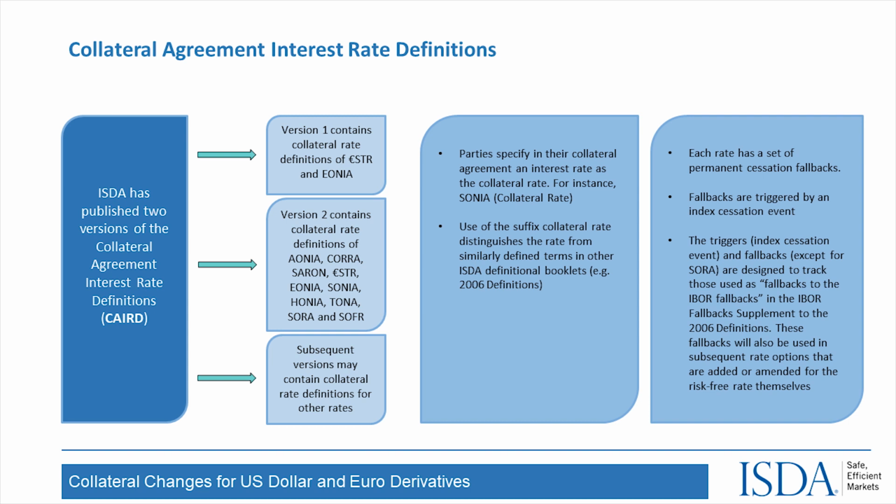So each of these rates, which are all overnight rates, are already in the IBOR fallback supplement as fallbacks to the IBOR fallbacks, with the exception of SORA. And so they already have fallbacks in the waterfall of fallbacks in that fallback supplement. So the CARDs track all of those fallbacks to make sure that there is consistency of fallbacks which apply to any given rate across the 2006 definitions and the collateral agreement interest rate definitions.